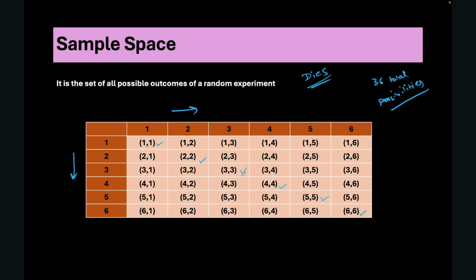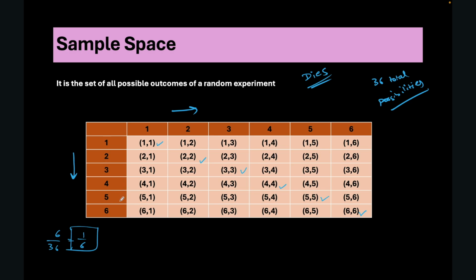Well, there are 6 possibilities, and there are 36 total possibilities that can occur. So our probability of getting the same number is 6 by 36, or I can call it 1 by 6. That's our likelihood of getting the same number, right?